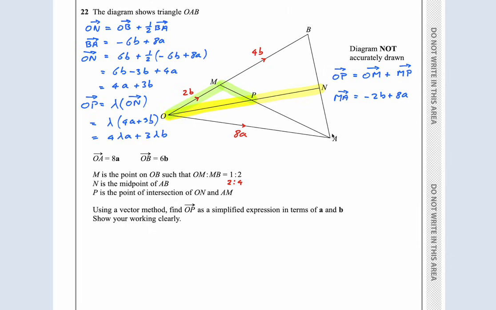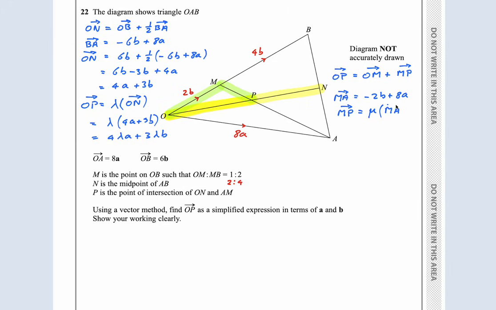That's MA. And MP is some fraction, I'm going to use the Greek letter mu. You can use any letter you want here, guys, but just get used to using lambda and mu, or t is another one they often use. So MP is mu times MA.